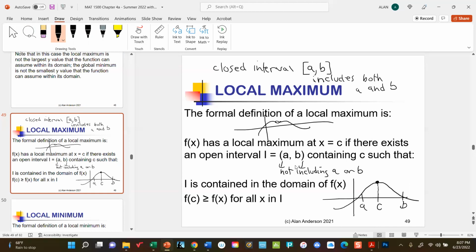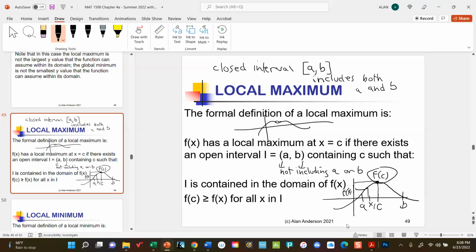So the idea here is that this is c, this is f of c. All the other points, let's say this is x1, this would be f of x1. They're all smaller than f of c. So that means this is my local maximum, because there's no other points within that interval where the function has a greater value of y. It's just a more formal way of saying that if you look at the graph, you'll see that it peaks out, so to speak, at that point.